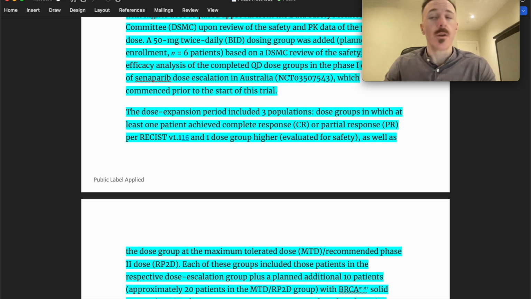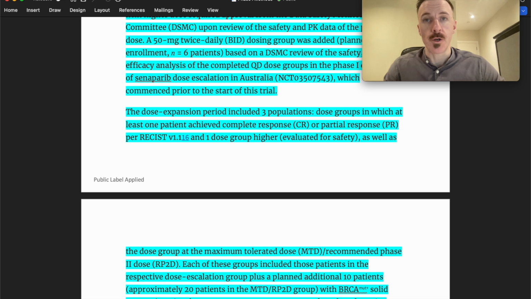So the goal is to further evaluate clinical responses such as complete or partial responses and assess the treatment's tolerability in larger cohorts. Patients are usually treated with the established dose regimen, i.e. once or twice daily, until disease progression or unacceptable toxicity is observed.